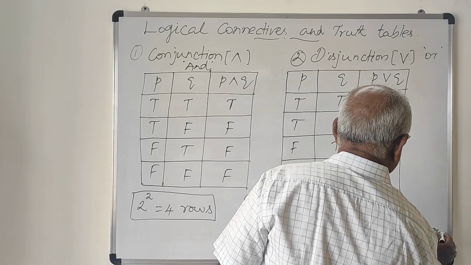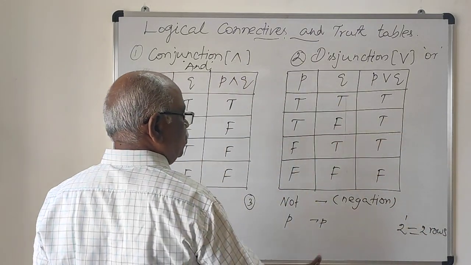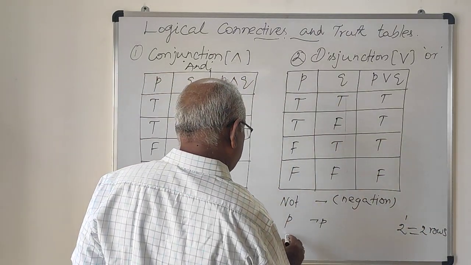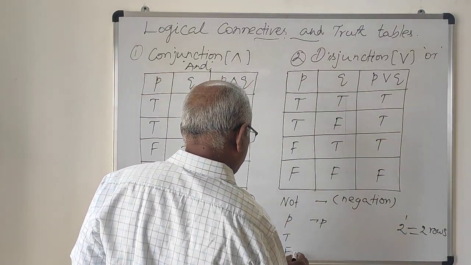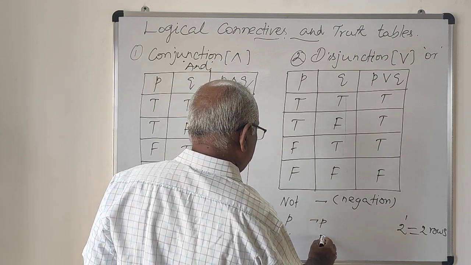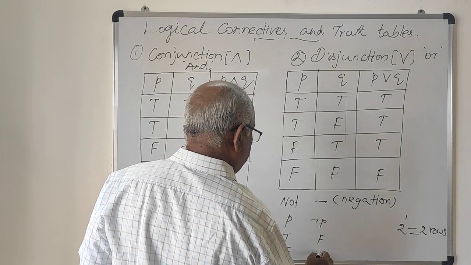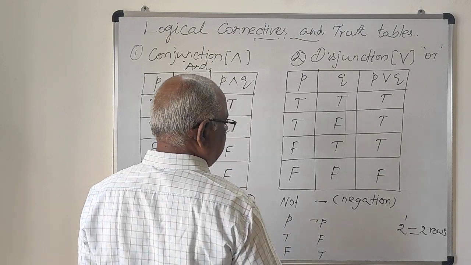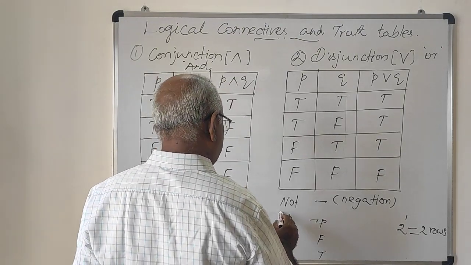For the truth table, you have 2 rows, P and negation P, one T and one F. If P is T, negation P is F. If P is F, negation P is T. That's all.